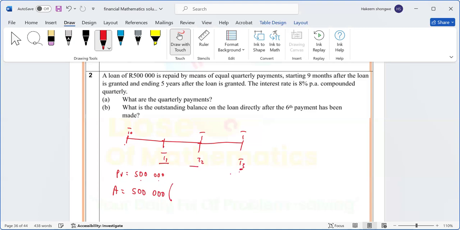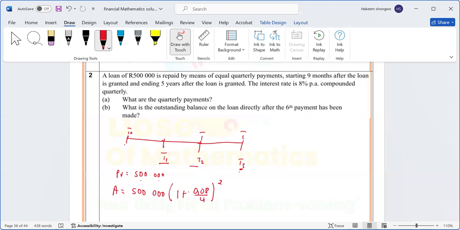Here there's no interest because we're paying. So we're going to have 1 plus the interest, which is 0.08 divided by 4. And then how many payments did we miss? These are the number of quarterly payments that we missed. We missed 2 of them.